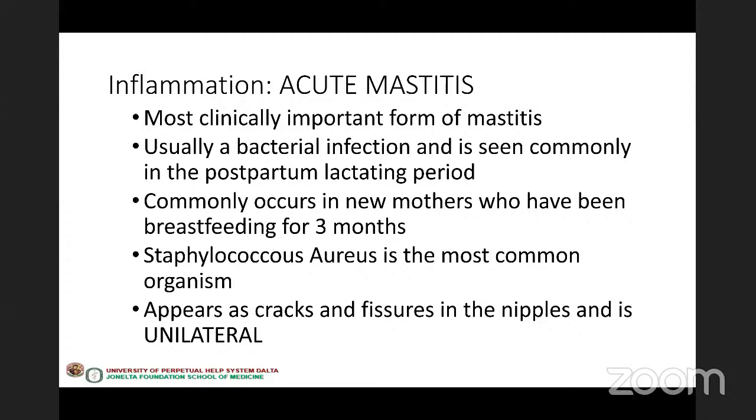Once it reaches the ampulla, it will clot within the duct, thereby causing your inflammatory response. Okay, this is how it will look on ultrasound. You will see fluid accumulating in your ducts. Ultrasound can detect where your abscess is located, which can be subcutaneous, subareolar, or intralobular.